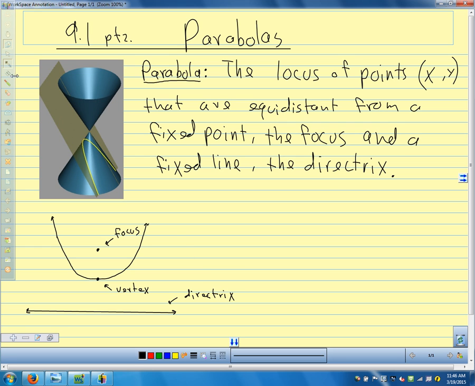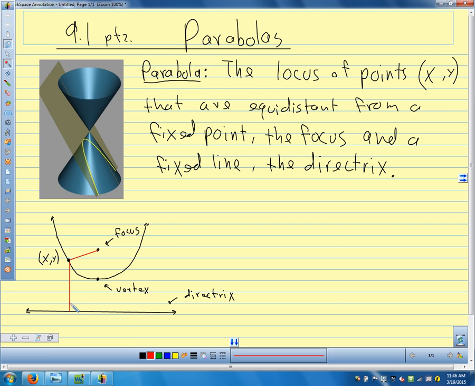And what this definition tells us is if we have a point on the parabola, some point x, y, and we connect that point to the focus, which is a fixed point that doesn't change, and we connect that point to the directrix, this has to be a 90-degree angle.